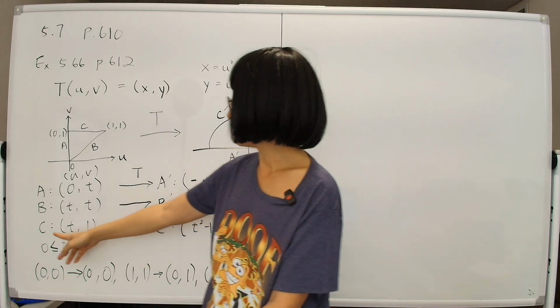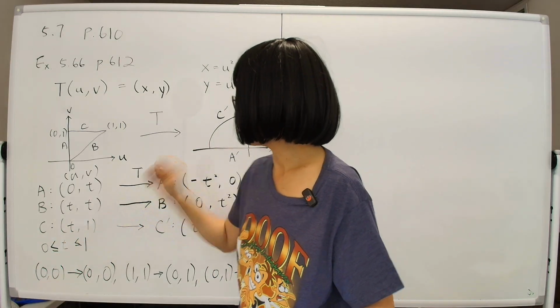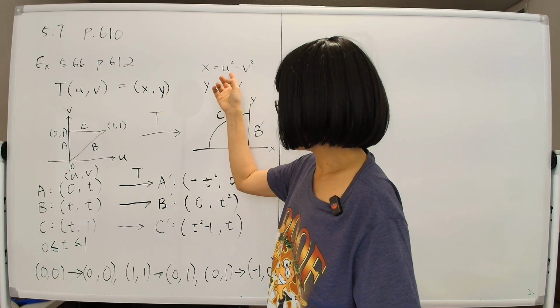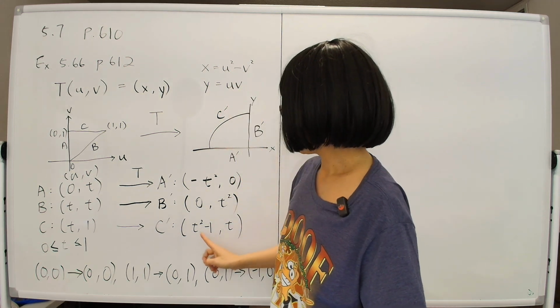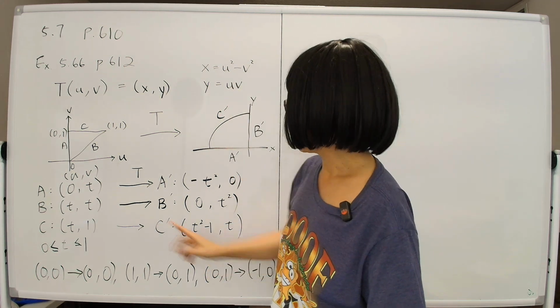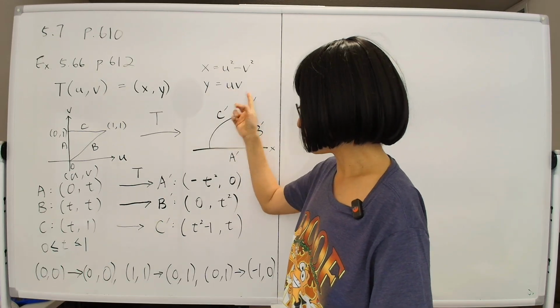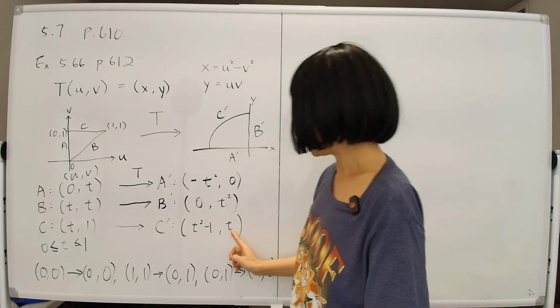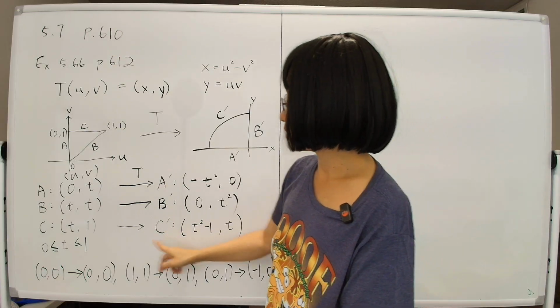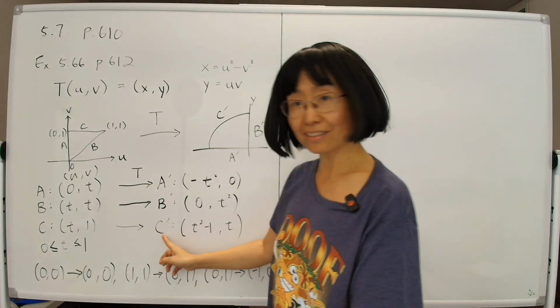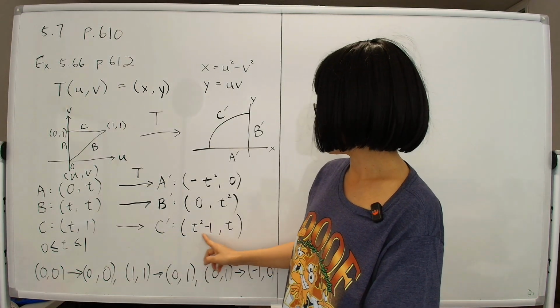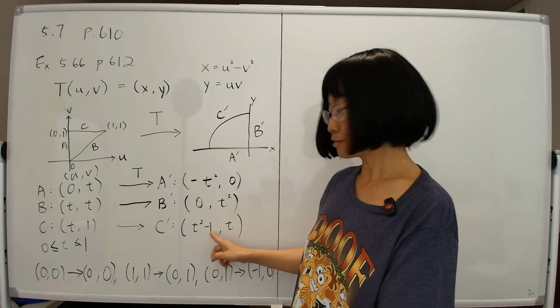And then lastly, C is (t, 1), and applying the same rule, u squared minus v squared will give you t squared minus 1. And then the y coordinate is u times v, which is just t. So the new C line under the transformation is parameterized by t squared minus 1 and t.